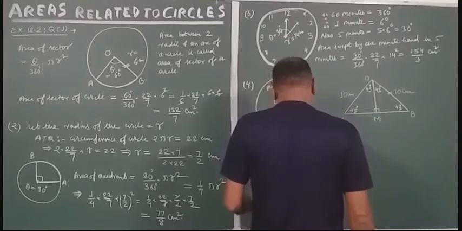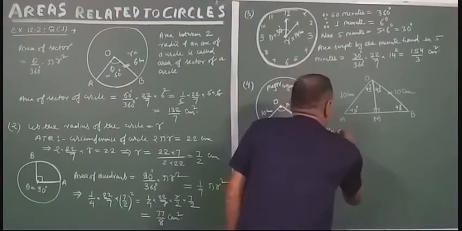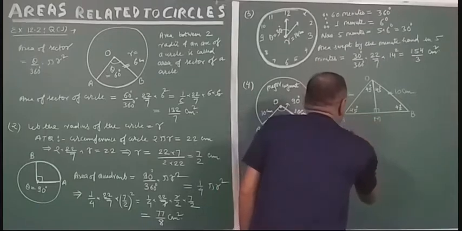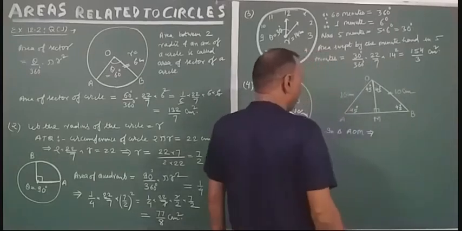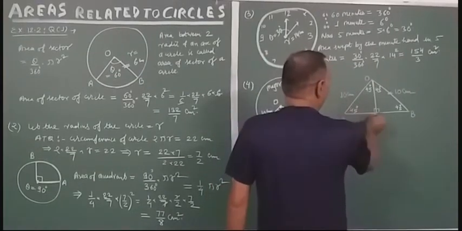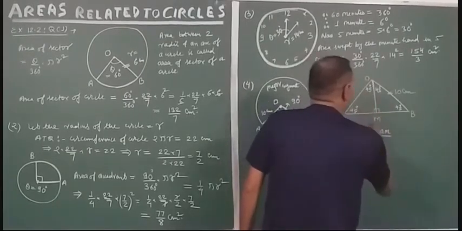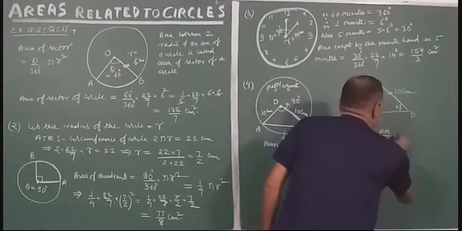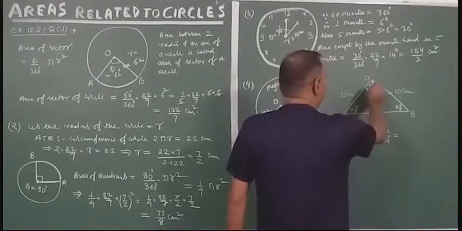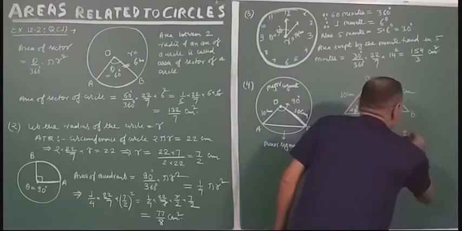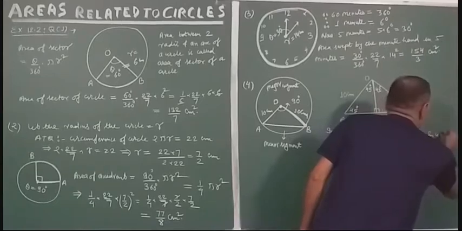Now in triangle AOM, just use the trigonometry. This AM upon OA is equal to, this is perpendicular upon hypotenuse, that is sine of angle O, that is sine 45.